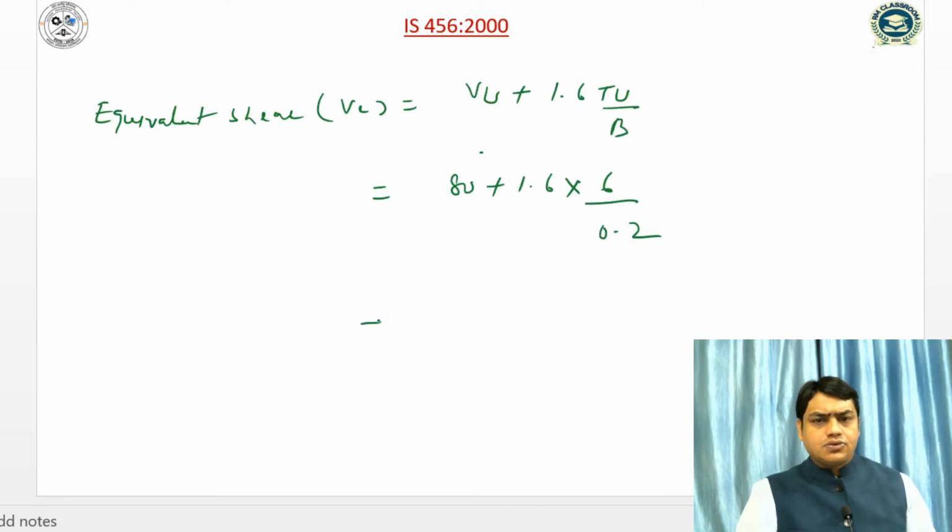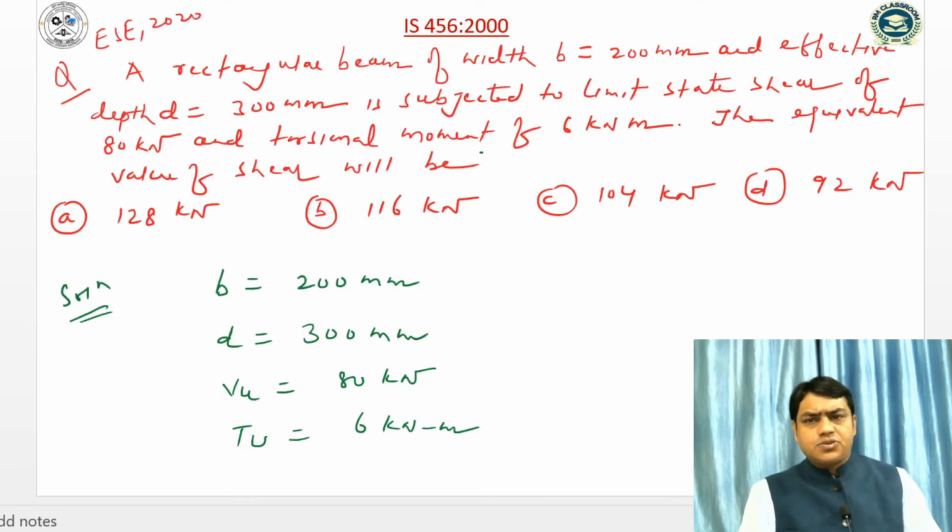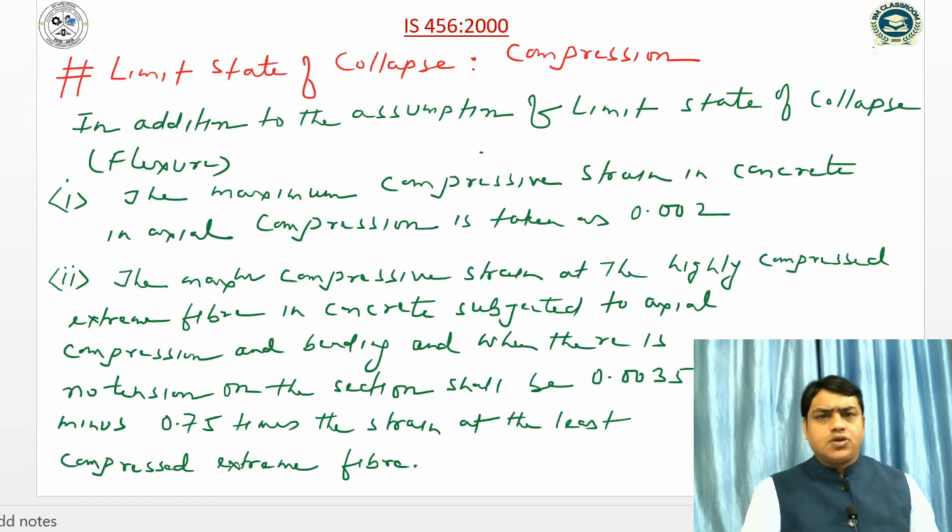So the value will be 80 plus 1.6 into 6 divided by 0.2. So it will be 128 kilonewton. So if I see the options, A option is correct. Equivalent value of shear will be 128 kilonewton.